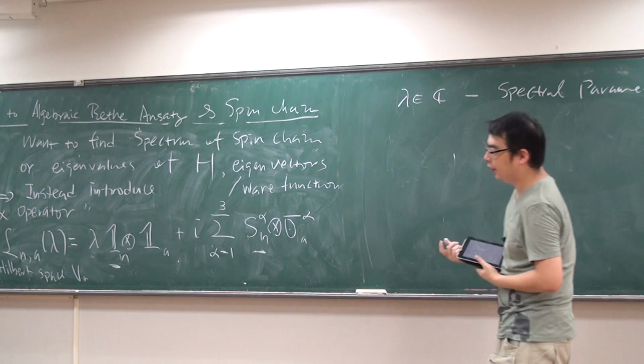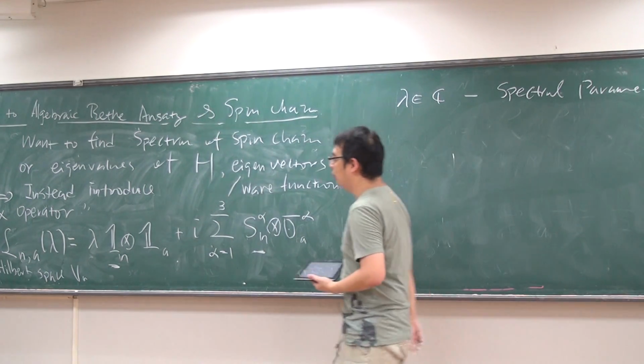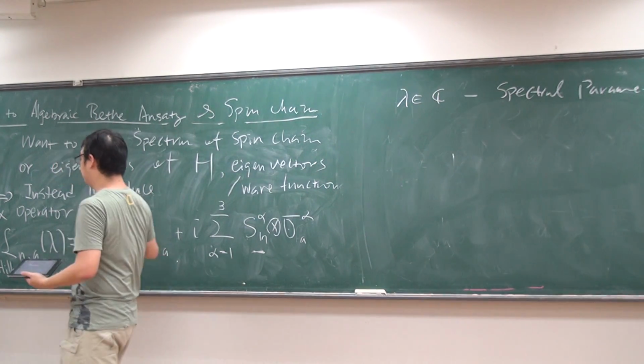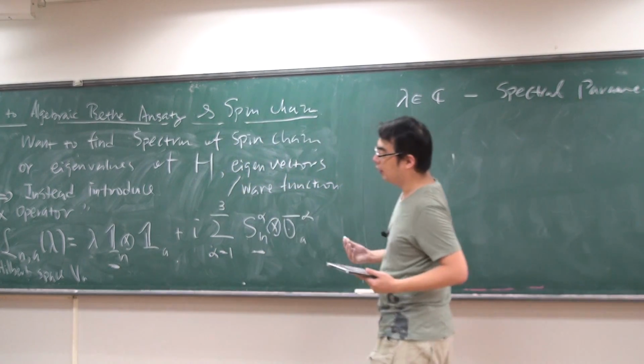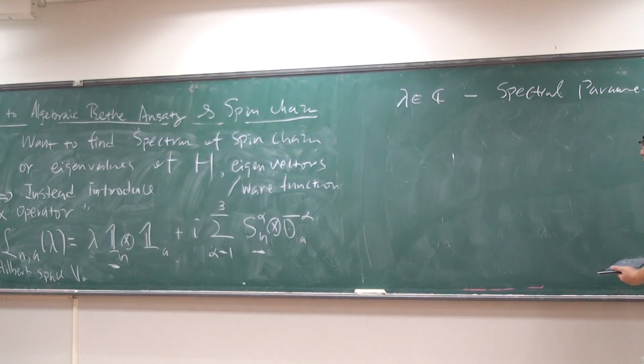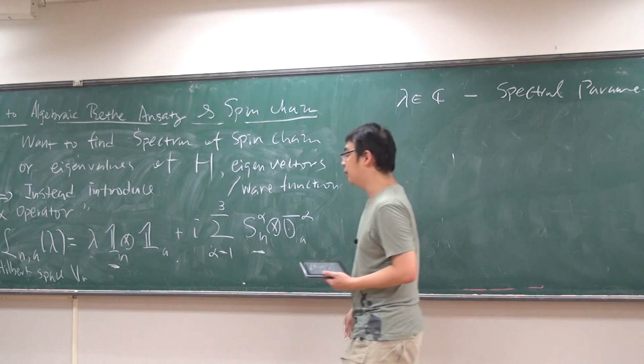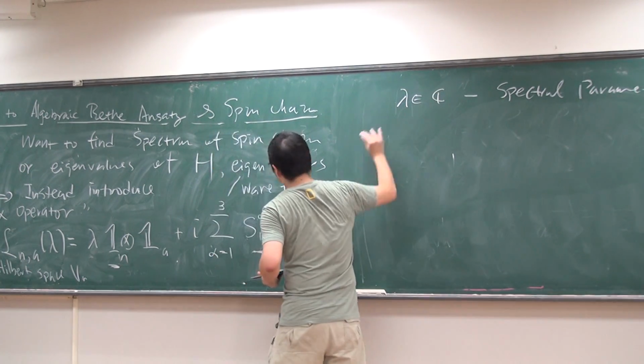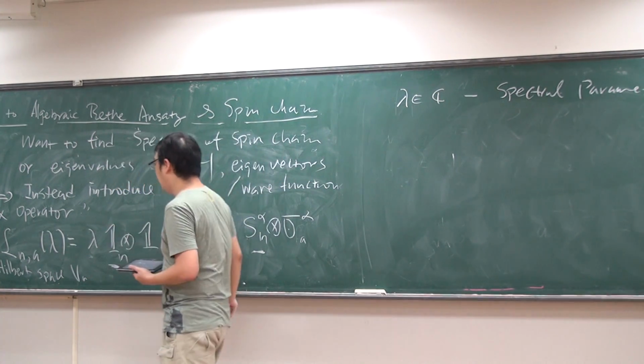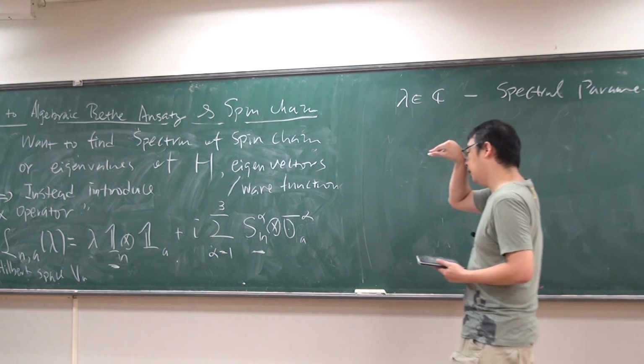It will become very clear when we define it. Because when you think about a Lax operator, the next thing you should think about are the conserved and commuting charges in your system. So actually lambda will be related to the values of those conserved charges.